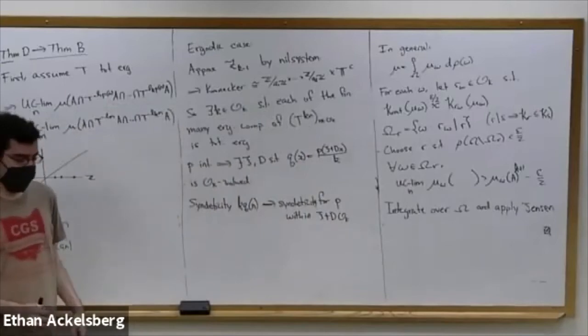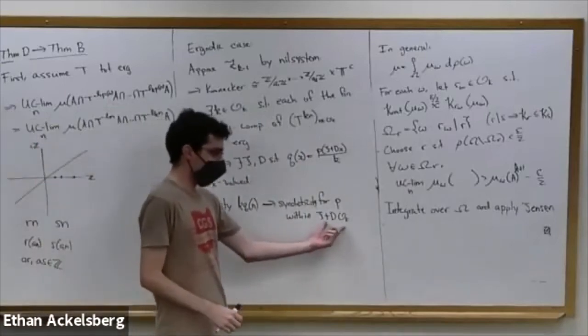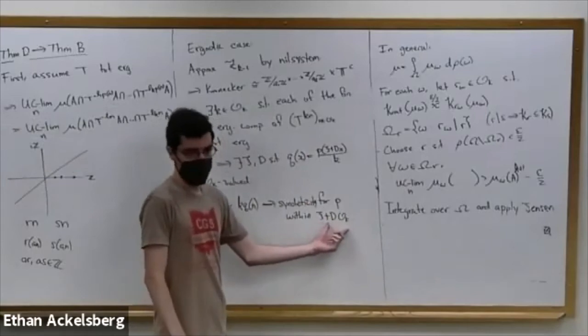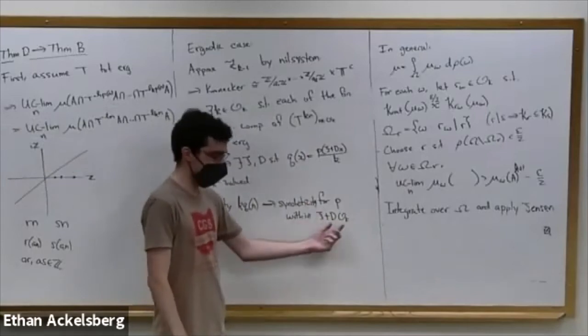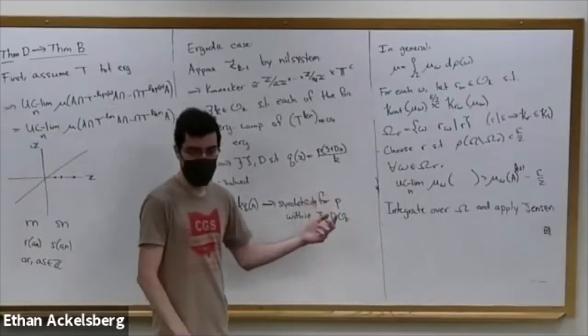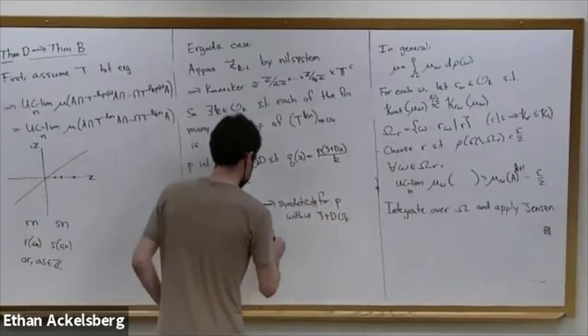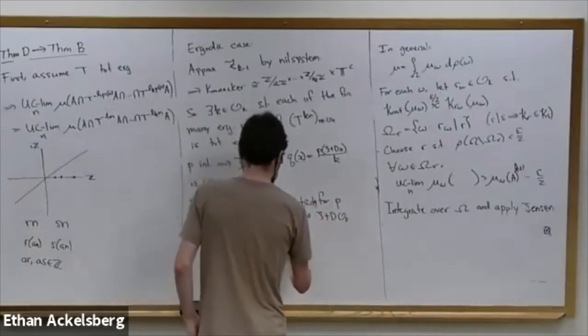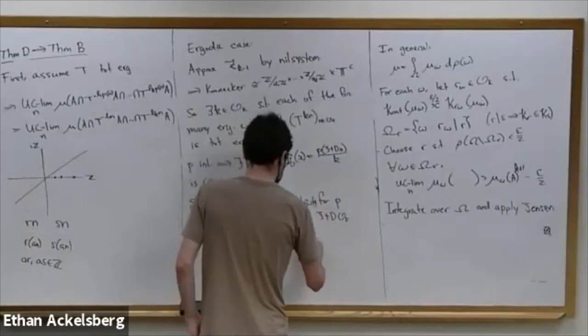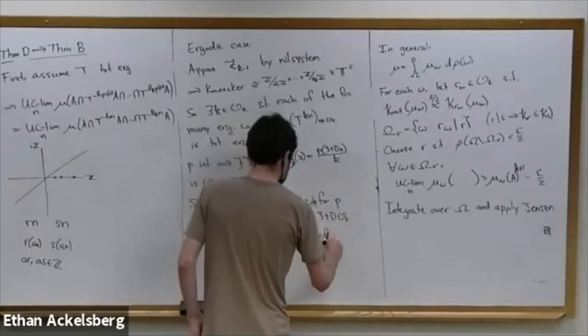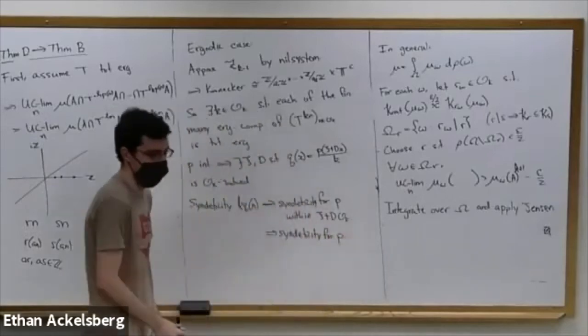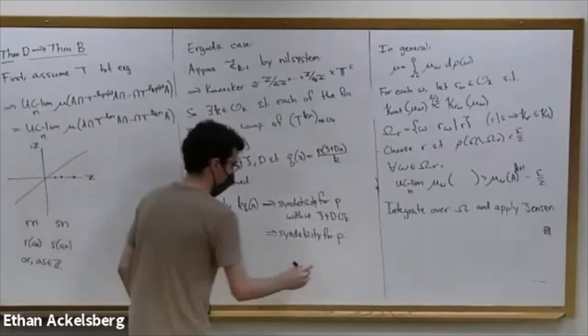And by the same argument as before, this is a coset of a finite index subgroup, so it's syndetic. If you're relatively syndetic in a syndetic set, then you're syndetic in the whole space. So this implies, in fact, syntacticity for p. And then that's the end of it.